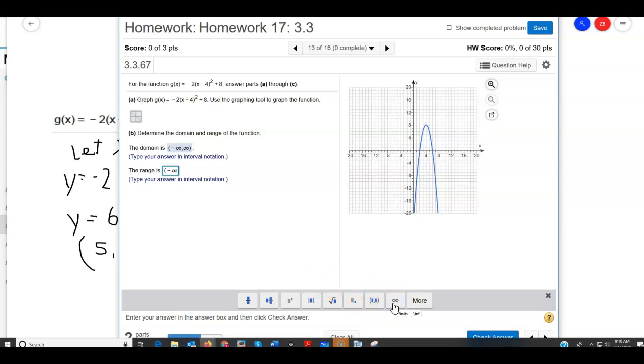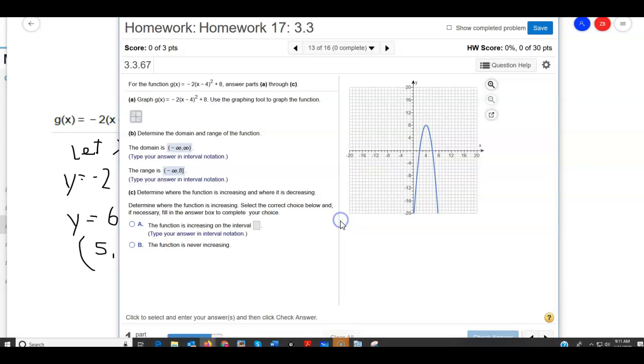But what's the highest y value? Well, the highest y value is right here, at y equal to 8. So 8 would be our highest value. We put a bracket because we're including it, because there's an actual point there for 8.